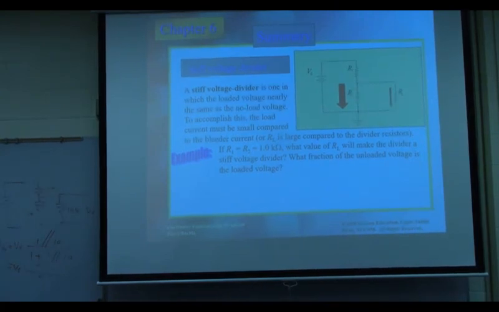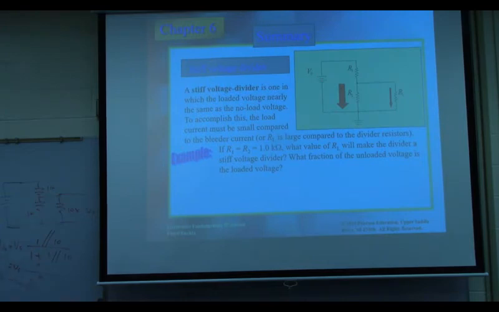Good? And what we have before, this is loaded, right? The unloaded equals Vs times 1 over... you get lost, right?